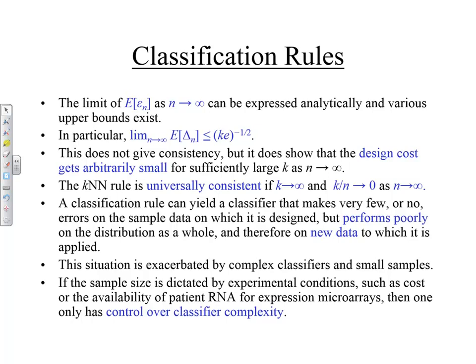Now, if the sample size is dictated by experimental conditions such as cost or the availability of patient RNA for expression microarrays, so the sample size will be small in genomic signal processing applications, then the only thing you have control over is the complexity of the classifier, this design function that you're going to use. You have control over how complex or how simple you keep it.